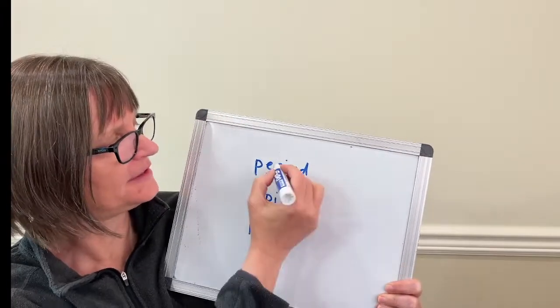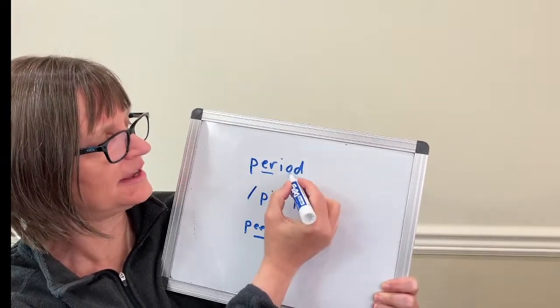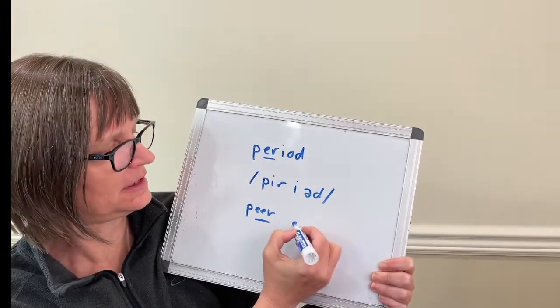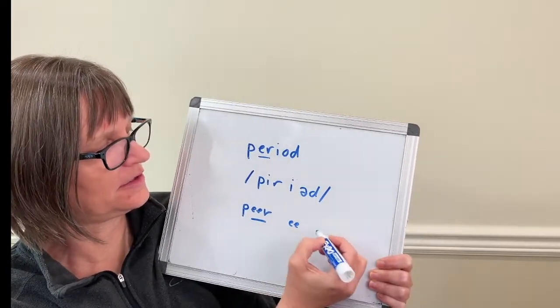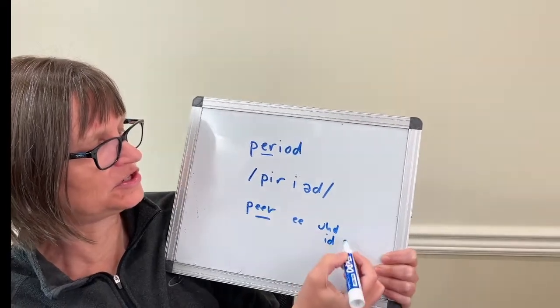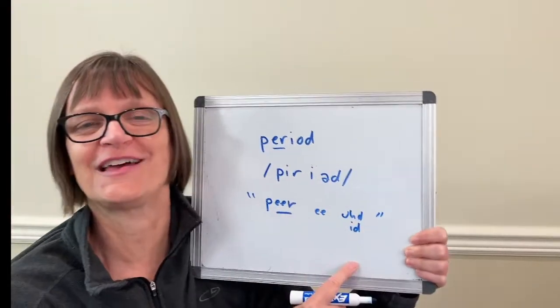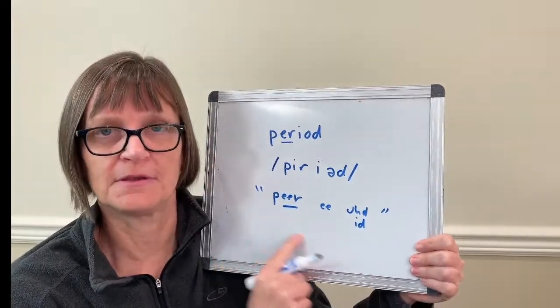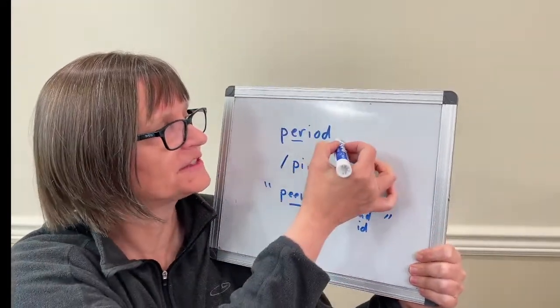And then we have the letter I says the E sound, and letter O is a reduced schwa. So peer, E, ud. Either you can think of it as ud or even id, period. You just want to have a very reduced vowel in that last syllable, period. That's all we can say about the period. That's it, period.